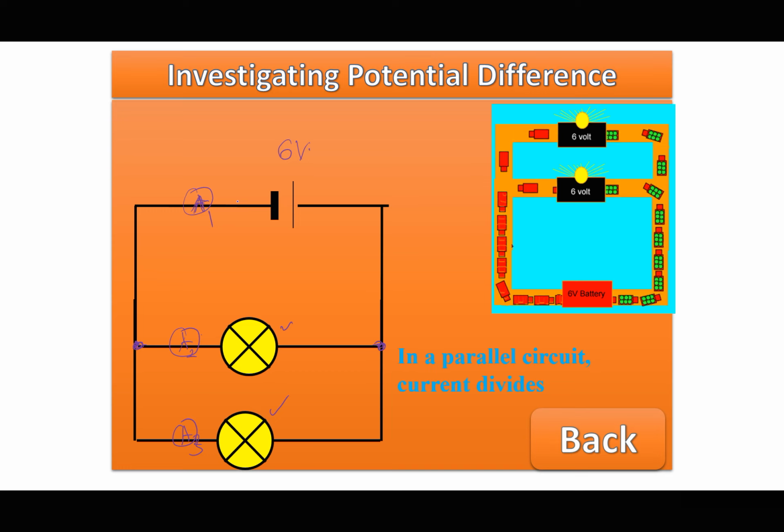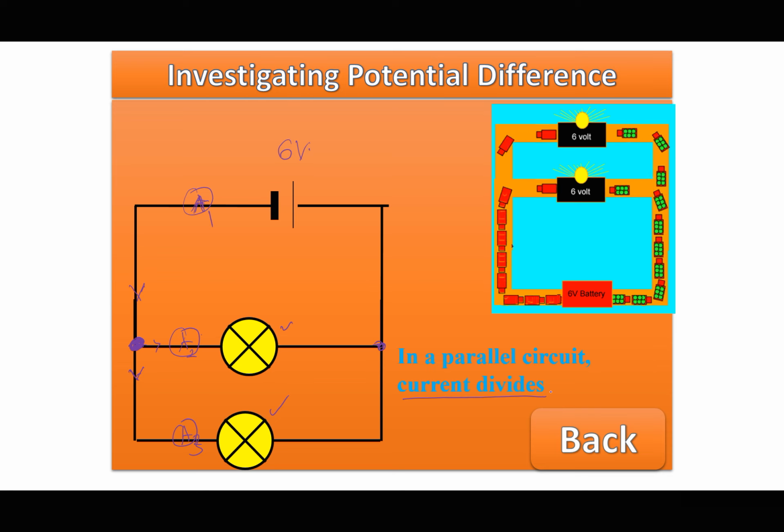So, in parallel, the current divides at the junction. We are going to see this under resistance again. So in parallel, the current divides. The current comes at the junction and divides, and this is given by Kirchhoff's first law that we shall see later on. So in a parallel circuit, the current divides.